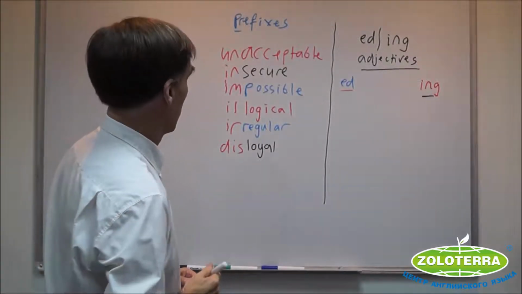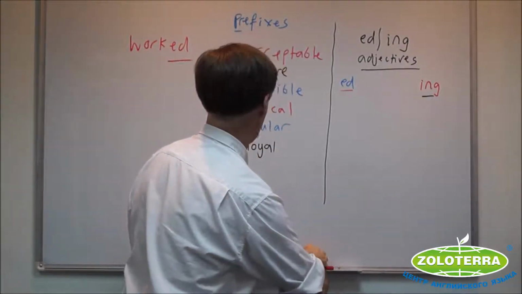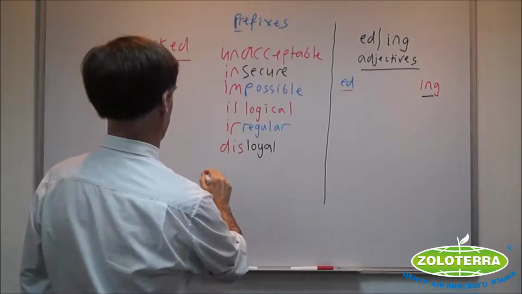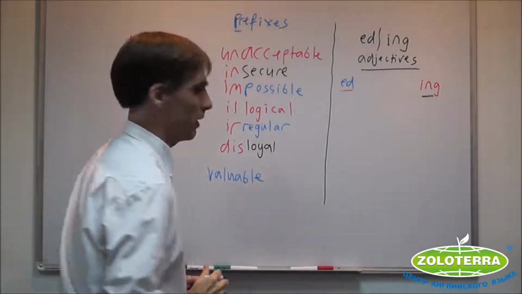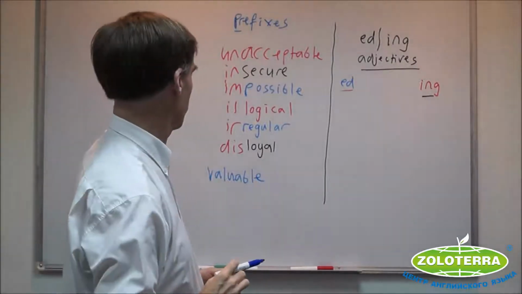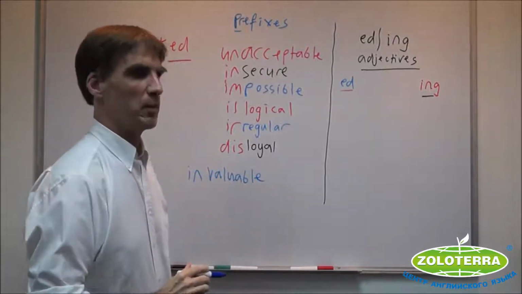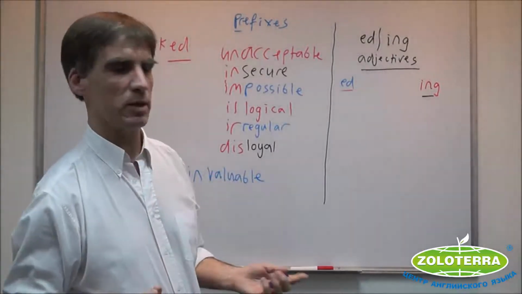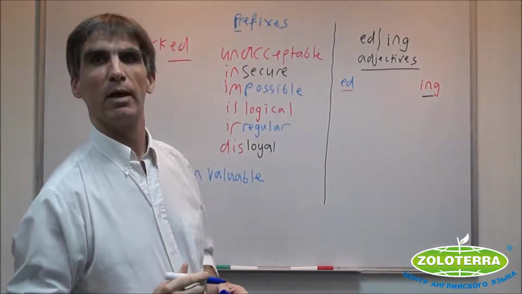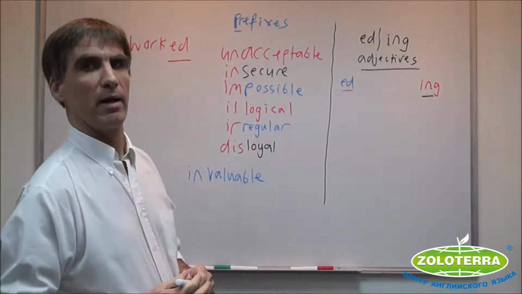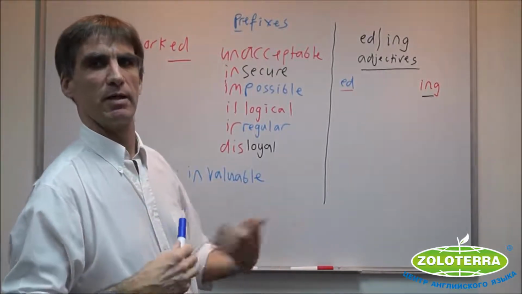But what about the word valuable? Valuable jewellery, jewellery worth a lot of money. So does invaluable mean jewellery or any other item which we are talking about which is not worth a lot of money? No, it means very, very similar to valuable in that the price is very high.